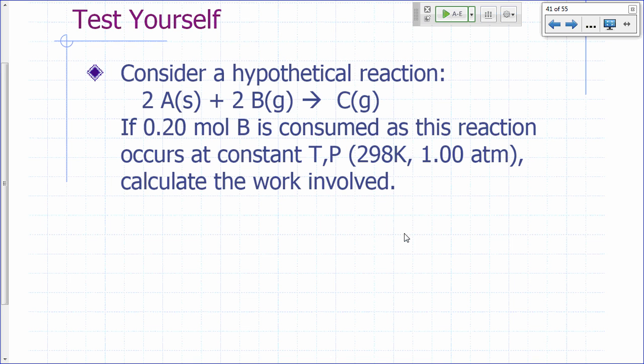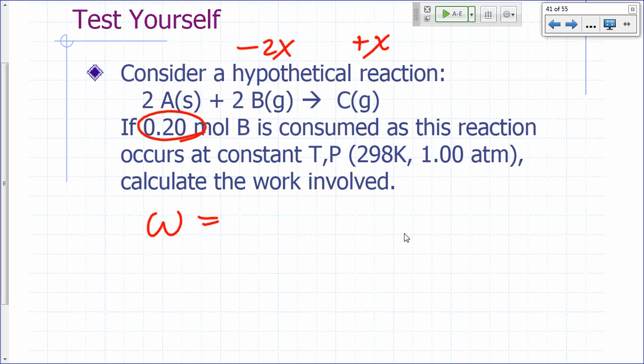How about this one? Let's say 0.2 moles of B is consumed in this reaction. What would be the work? If I lose 2X moles of B, how much of C would I make? I'm going to gain X moles of C, right?